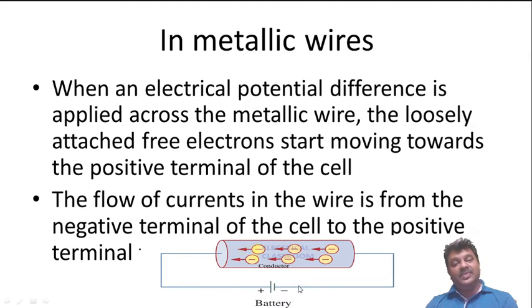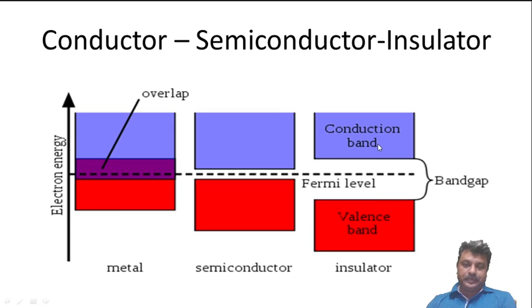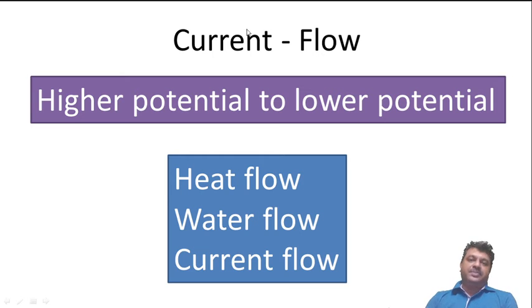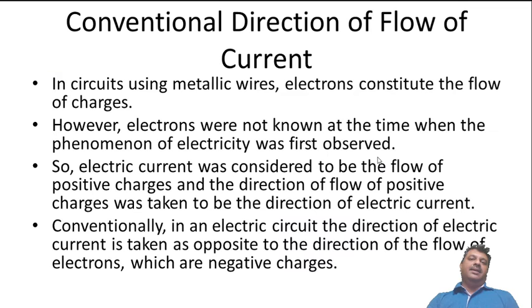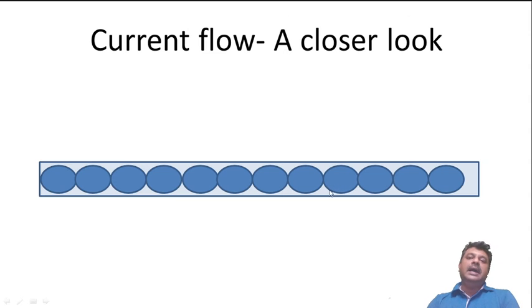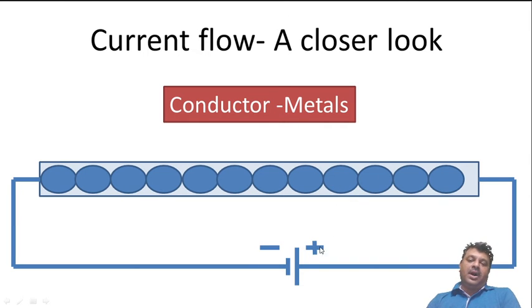Now we are giving the explanation why the current direction is from positive to negative. That's because of this flow idea people had, the strong belief before the invention of the electron. Even today this analogy can be used for us to understand. There is a positively charged terminal here of the battery.